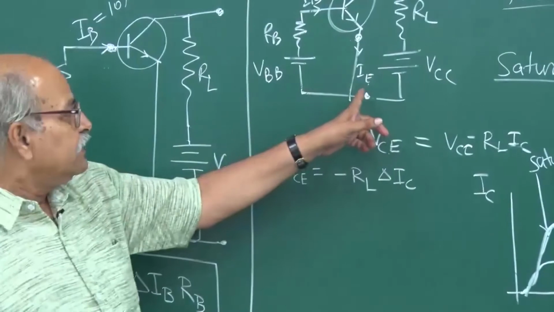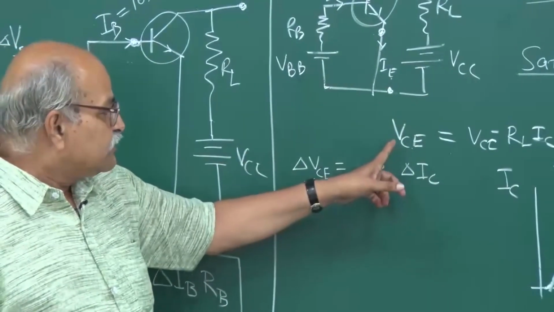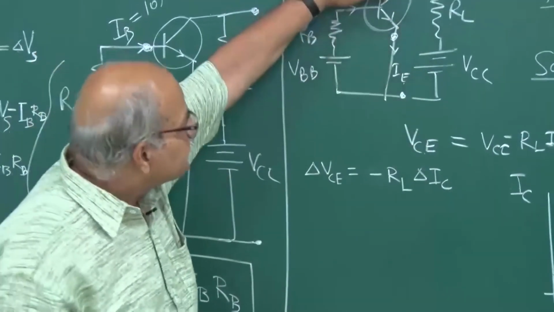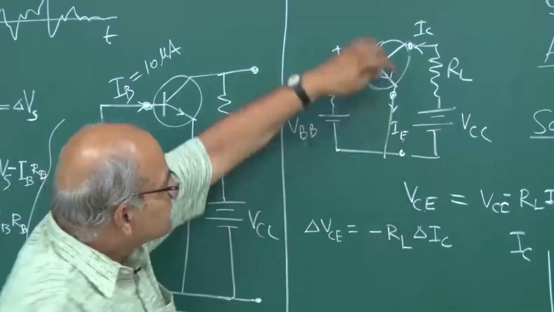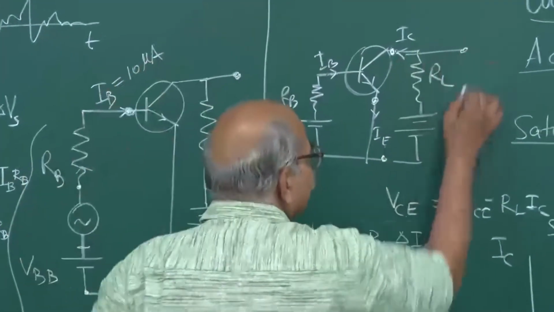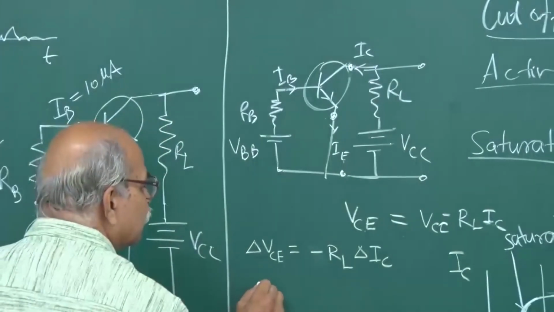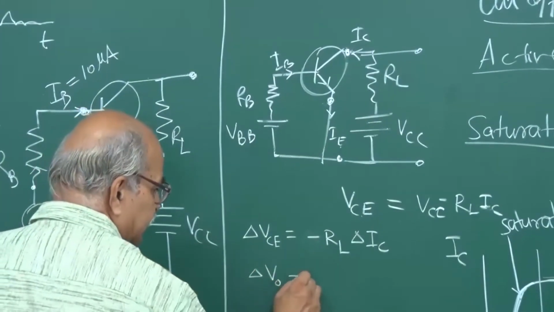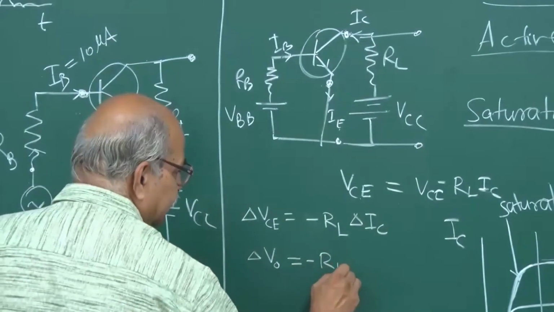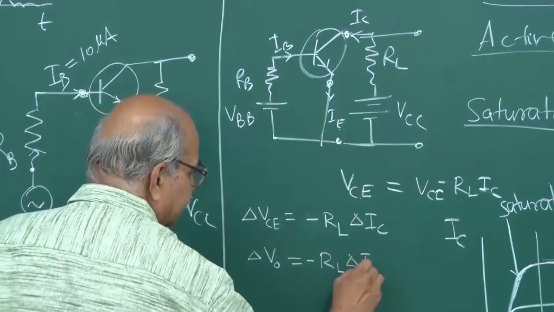VCE is the voltage between collector and emitter. Here is the collector and here is the emitter. So this voltage is the output voltage. So delta VO, the output voltage, is minus RL times delta IC.